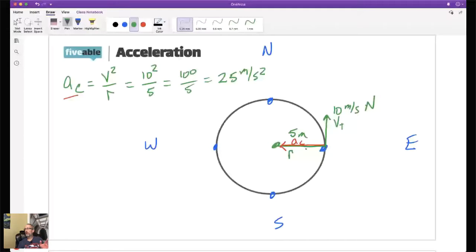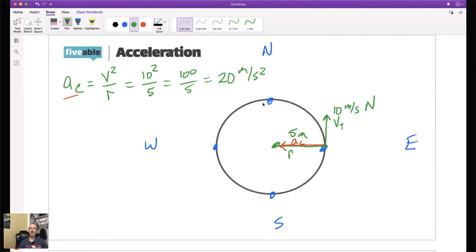Somebody just said, wouldn't it be 20 meters per second squared? Oh my goodness gracious, you are absolutely correct. Way to go. That's what I need, is I need people to check. Thank you very much. It is 20 meters per second squared. I cannot do math tonight. I'm so sorry. All right, so this is 20 meters per second squared, and that is our centripetal acceleration.